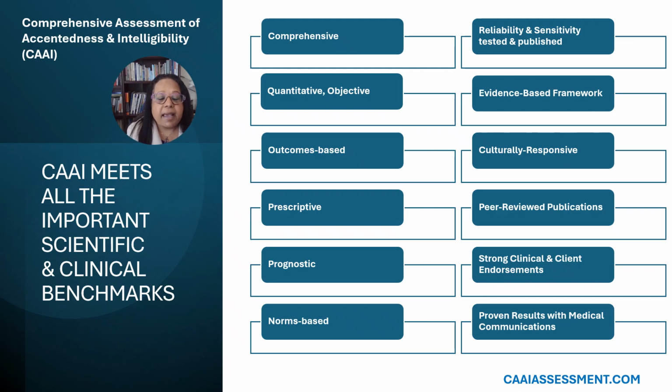So the CAAI is a comprehensive assessment tool. It looks at 22 areas of communication, does not leave out anything that is relevant to accents. It looks at speech aspects, segmentals, consonants, vowels, and prosody at all levels, words, sentences, syllables.